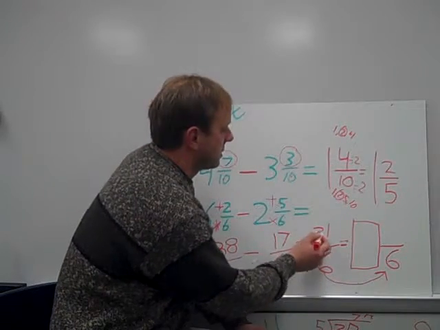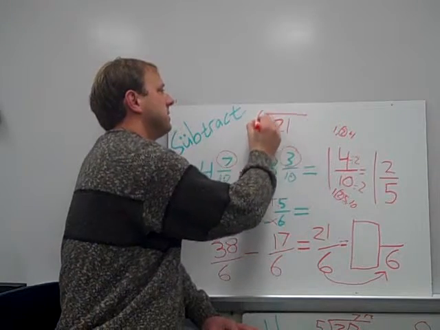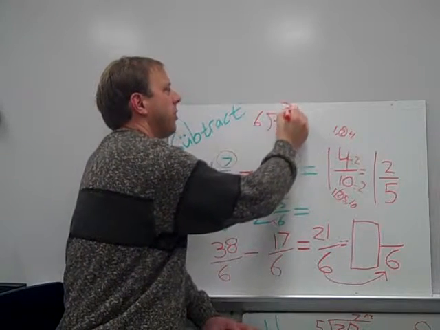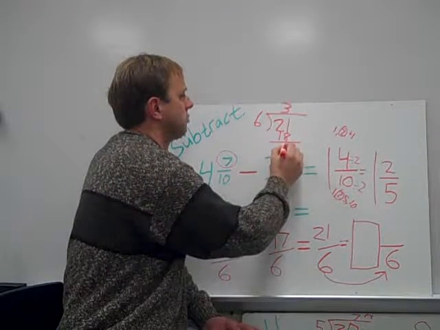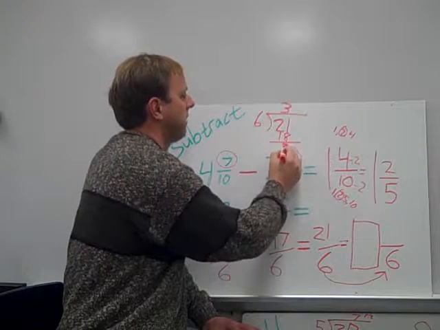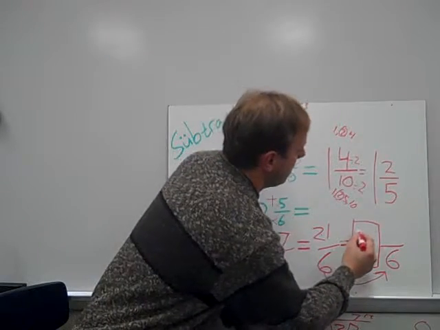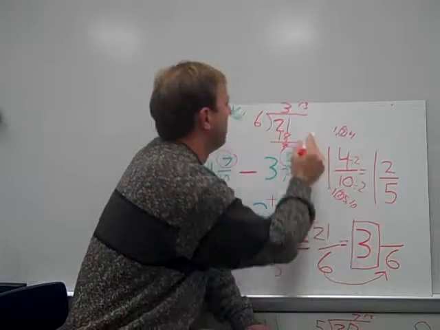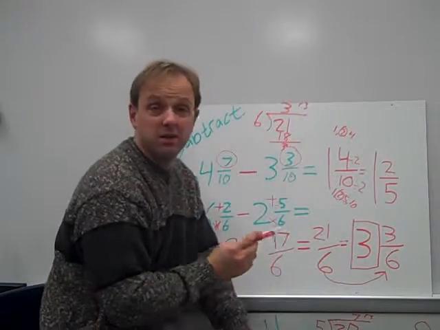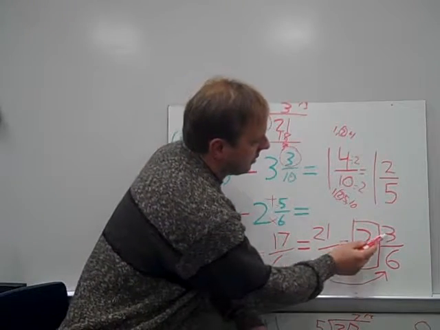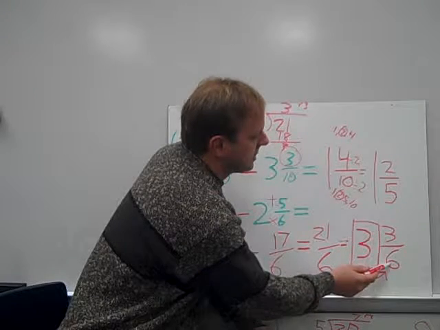Now, 6 goes into 21. Let's do that division problem again. 6 goes into 21 3 times. 3 times 6 is 18. I will subtract from that, and I have 3 as my remainder. So my whole number goes here, 3, and my remainder is my numerator, 3 and 3/6. Now here's a nifty trick. 3 is a factor of 6, so I know that 3 goes into 6.